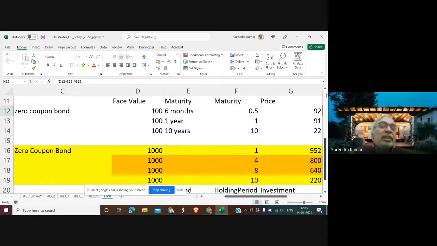Let us say there is a 4% coupon bond, right? And let's say this bond has a face value of 1000 rupees. So this 4% coupon bond on a 6 month basis on a 1000 rupees bond would earn 20 rupees in 6 months, right? 4% coupon on an annual basis will earn 40 rupees, and on a 6 month basis, it would earn 20 rupees.